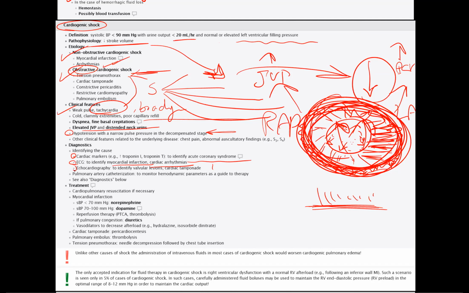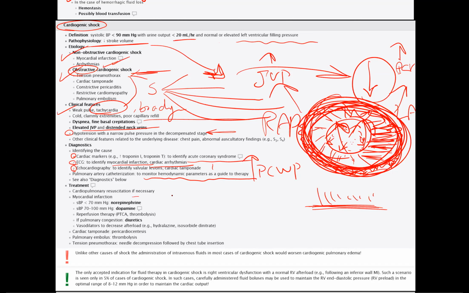Echo to identify valvular lesions. Okay. Also, we can do pulmonary artery catheterization, which measures PCWP, which will be high in cardiogenic shock.